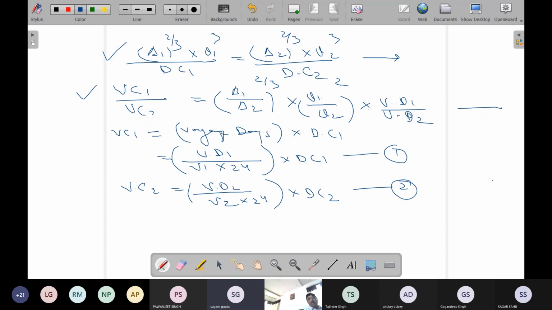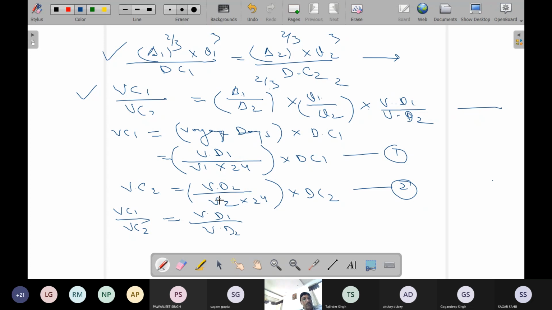So, is it okay up to here? You are following what I have written? So if I divide equation 1 by equation 2, I can write VC1 over VC2 is equal to, this is VC1, this is VC2. So voyage distance 1 and voyage distance 2, I can write together, voyage distance 1 divided by voyage distance 2.